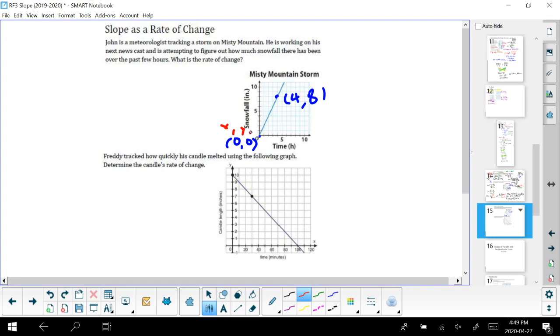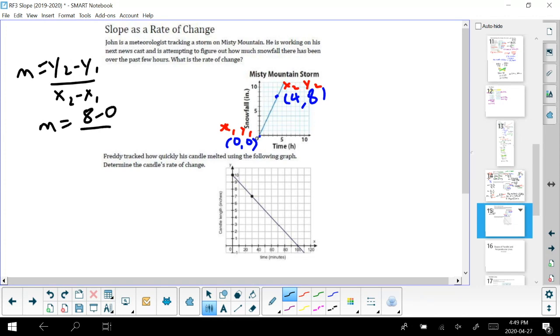We've got our x1, y1 and then we've got our x2, y2. We can calculate our slope using the slope formula. m is equal to y2 minus y1 over x2 minus x1. So m is equal to 8 minus 0 over 4 minus 0. And that gives us 8 over 4. And we can simplify that to 2 over 1.